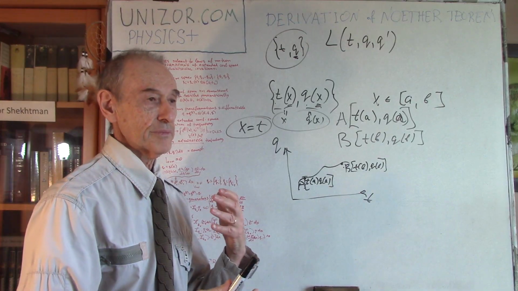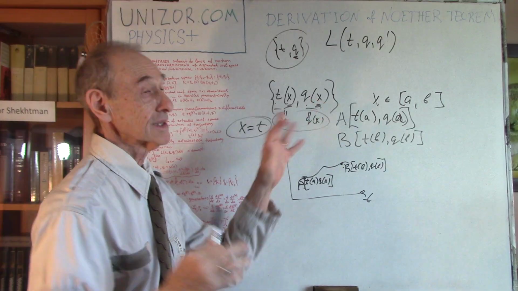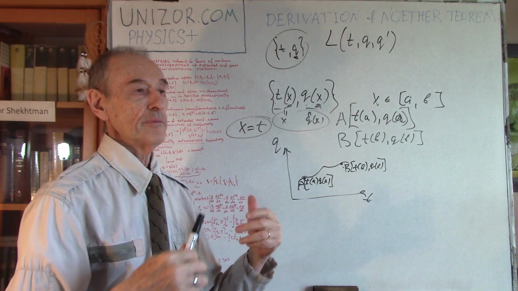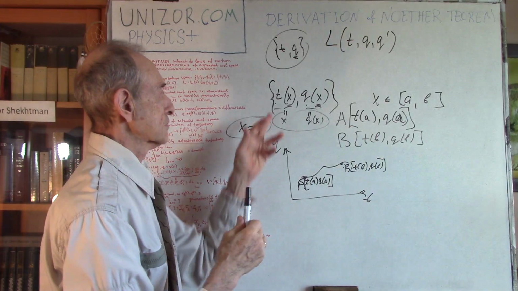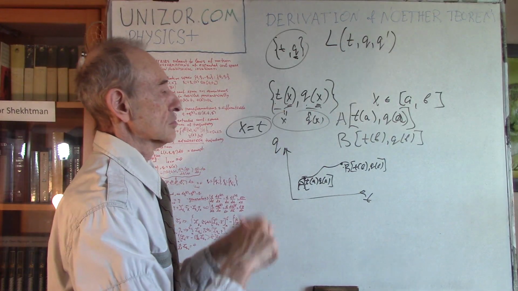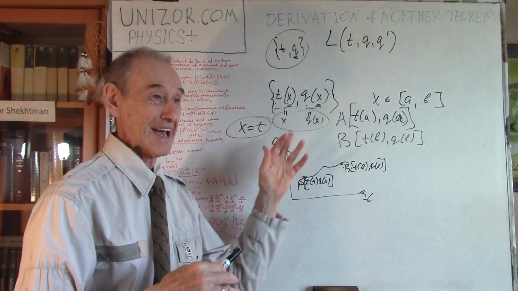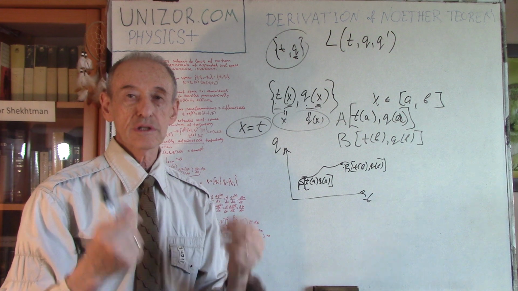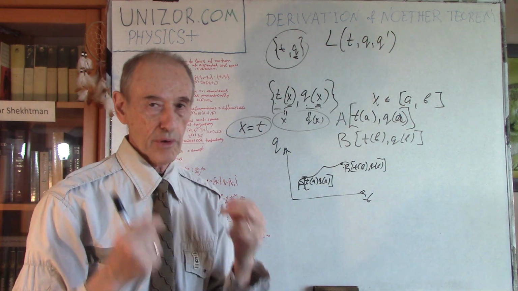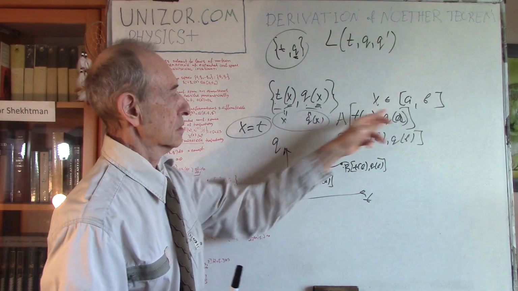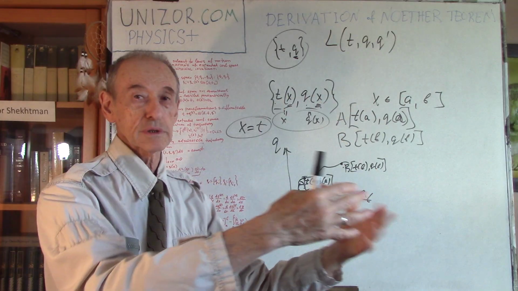But my point is that if you have an independent parameter x, and then you do a transformation, then you transform t of x into new t of x and q of x into new q of x, but x is still the same. You still use the same unchangeable parameter, which changes from a to b, to have a transformed curve.